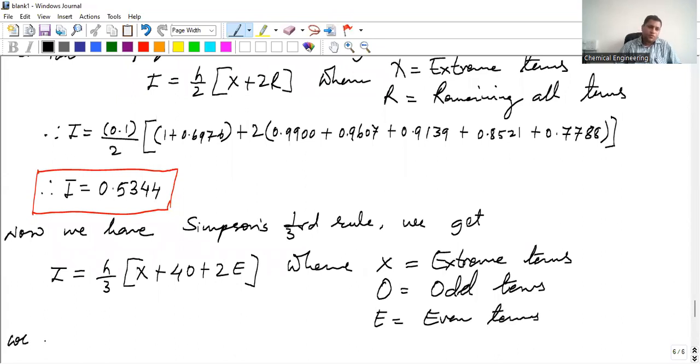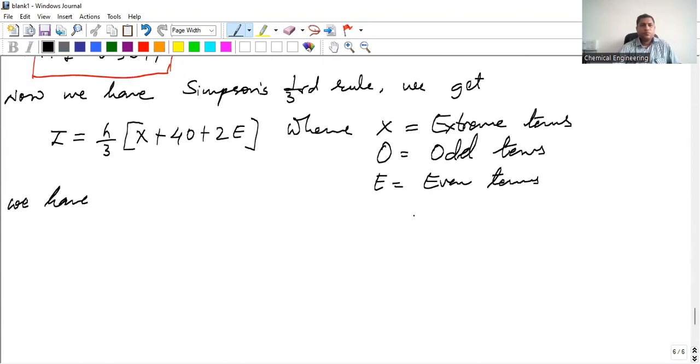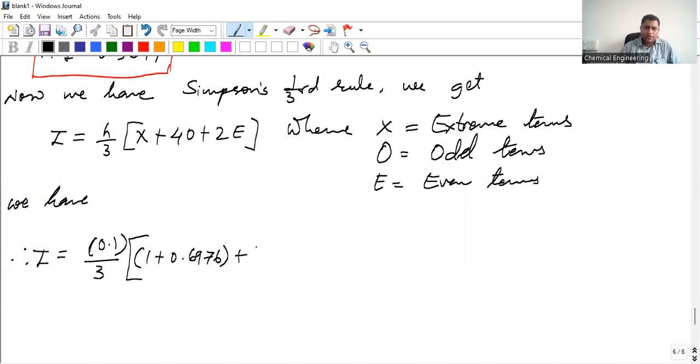So we have I equal to 0.1 by 3, and this is 1 plus 0.6967, plus 4 times odd.